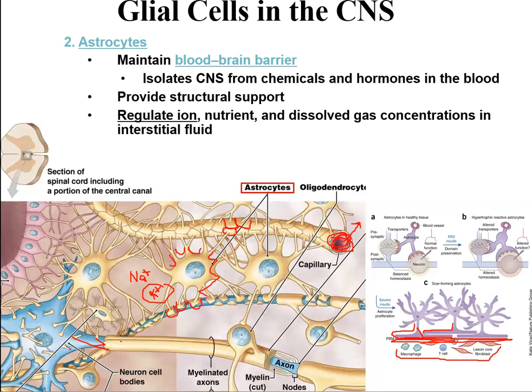And so that's just one example. Astrocytes make sure that if potassium gets too high, it takes it into the cell. Similarly for nutrients and for different gases. Okay, so it just makes kind of an ideal environment for the function of the neurons themselves.